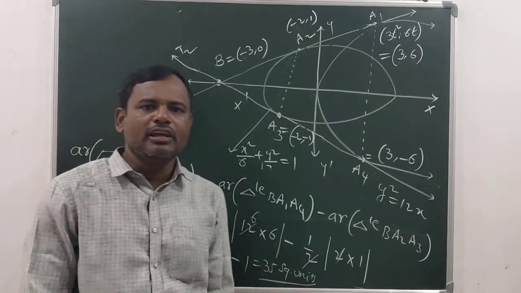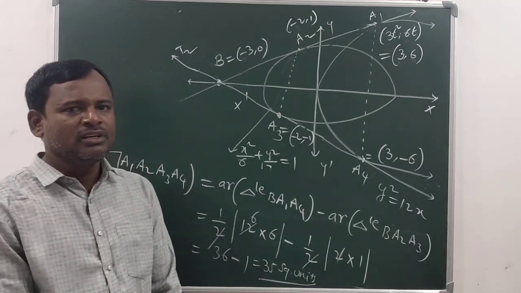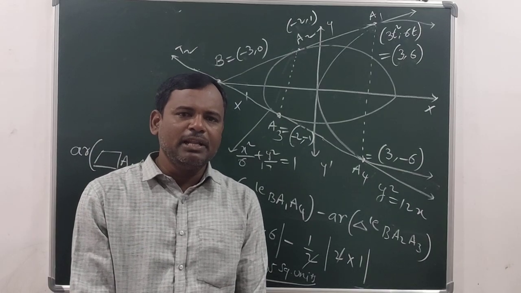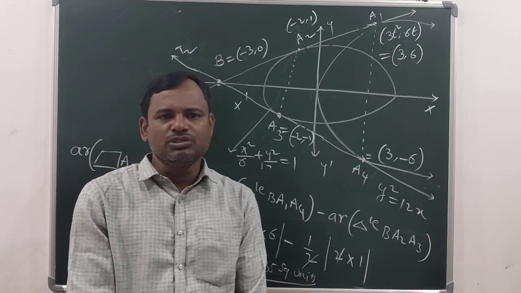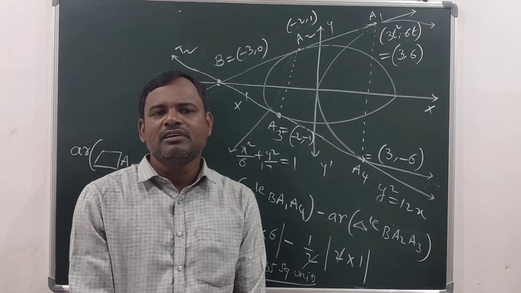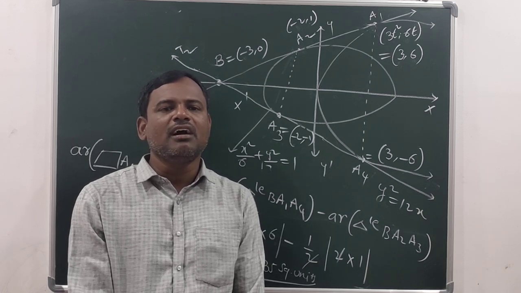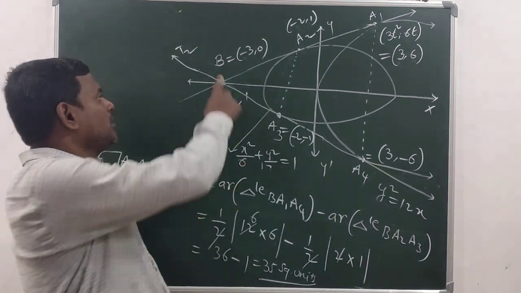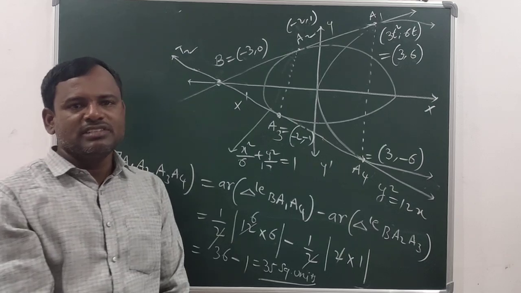Okay, I hope you have understood this. So one data is given between the parabola and an ellipse, and 2 questions are generated. One is find the point of intersection of 2 common tangents on x-axis. You got that? Okay. Point of intersection as minus 3 comma 0.